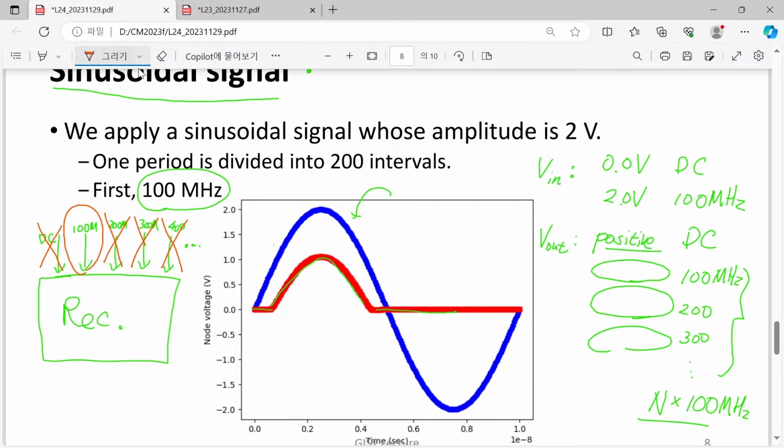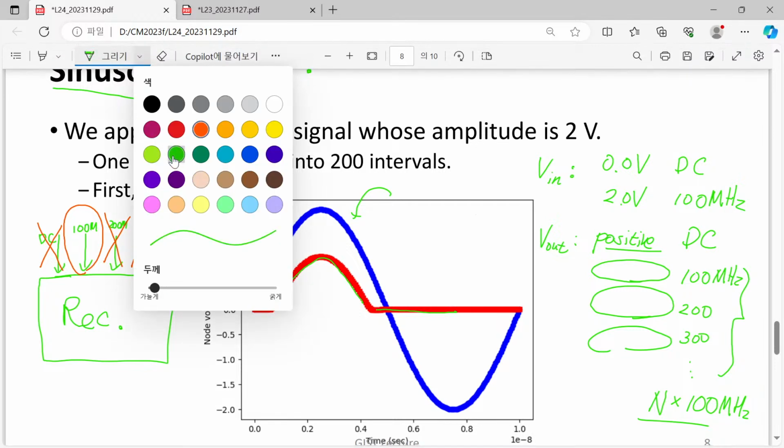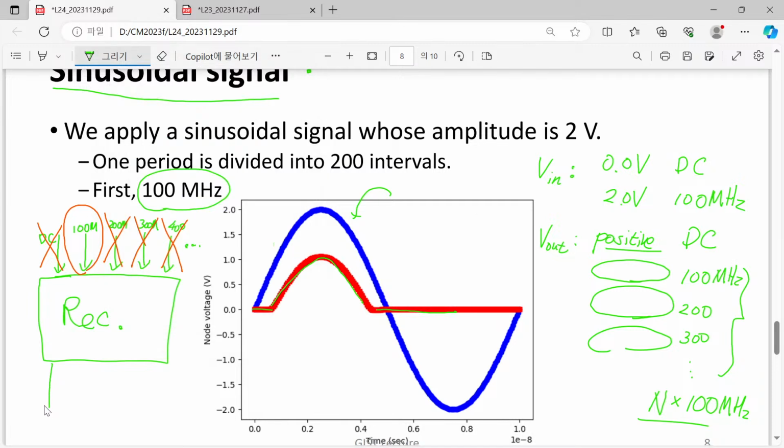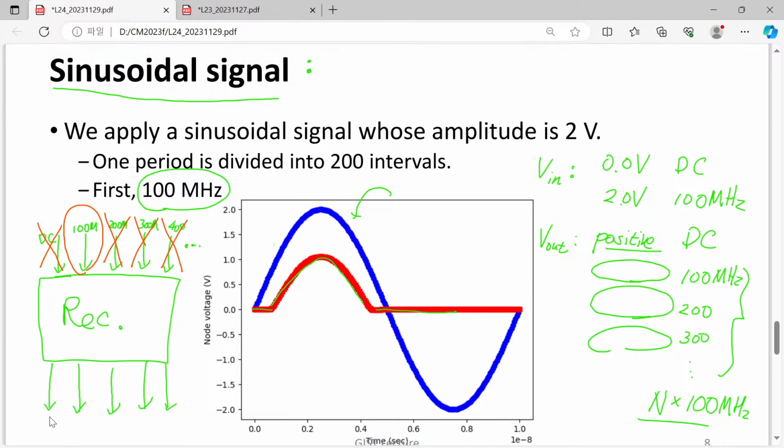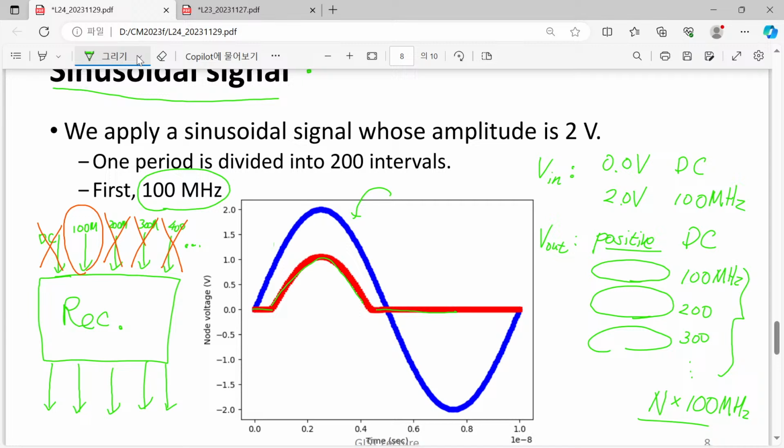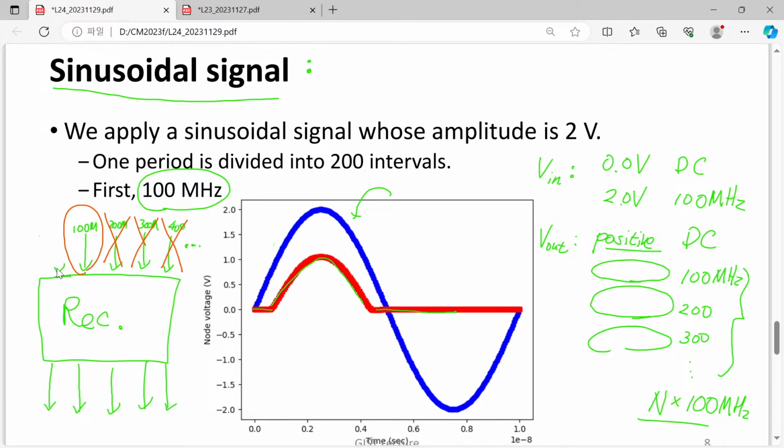Then please try to draw your output. In this case, do you have this tone? Yes, you have it. Do you have a 1 megahertz tone? Yes, you have it. Also, you have many non-vanishing frequency components. So simply speaking, if we neglect the unused channels for the input, it can be visualized in this way.